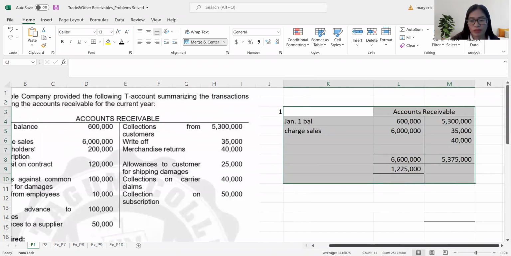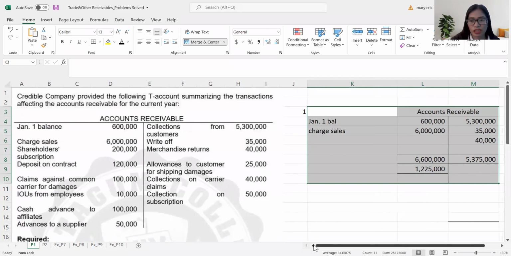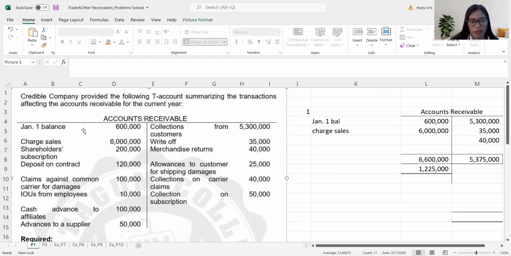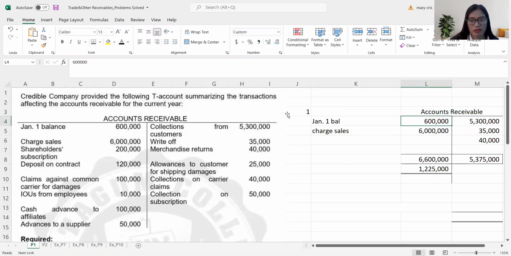Let us go over the items recorded under accounts receivable. Of course, we have our beginning balance of 600,000. Also included in the account is your charge sales.